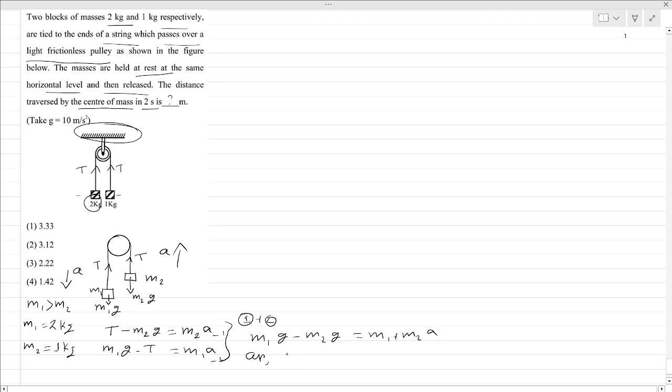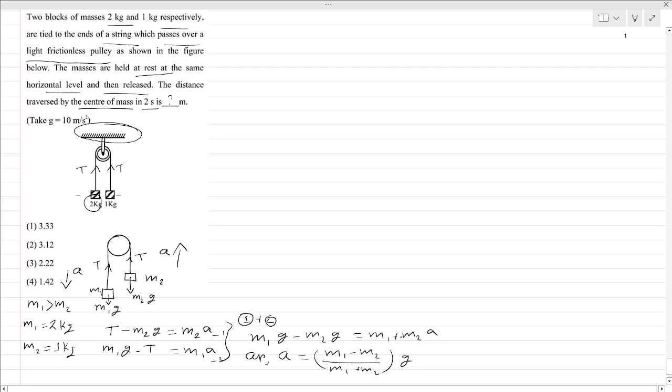So the acceleration a equals m1 minus m2 divided by m1 plus m2, into g. This acceleration belongs to the individual masses m1 and m2.